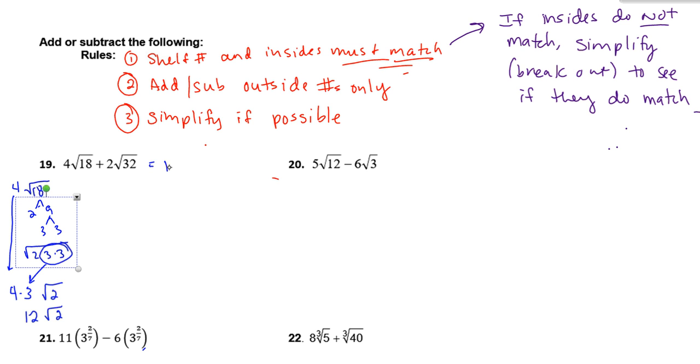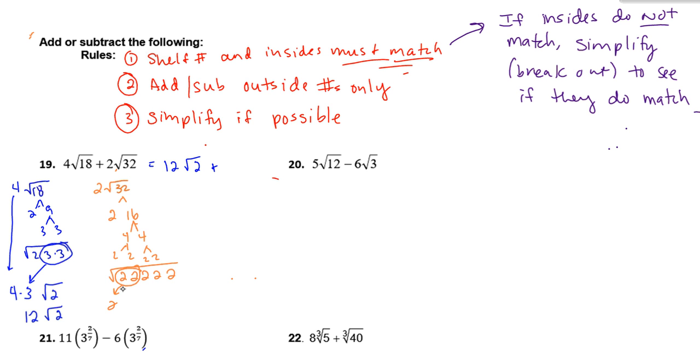So this equals 12 square root of 2 plus, okay, let's try this, 2 square root of 32. Have to break down 32. 16. Oh, why does it do that to me? Why does it get up and move? 4 and 4, 2 and 2, 2 and 2. So it looks like inside we've got five 2s. Group of 2s.